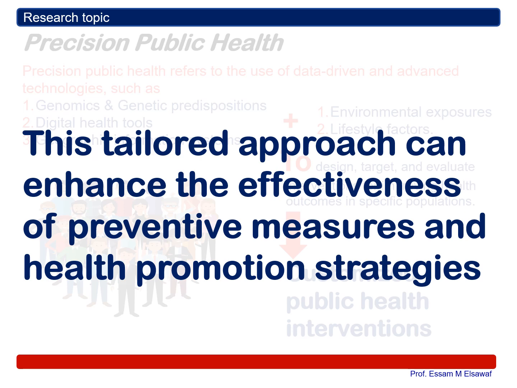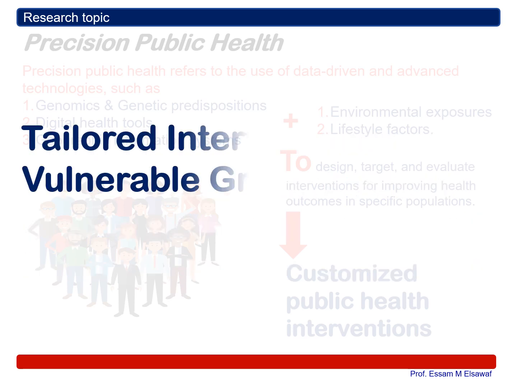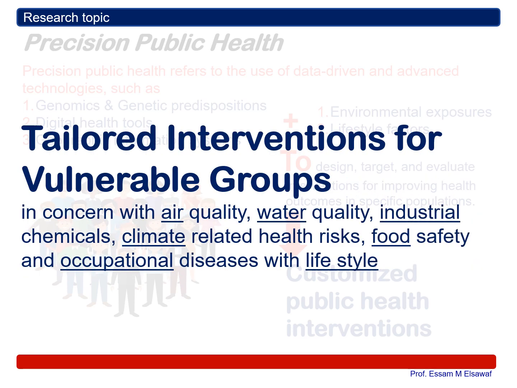Tailored interventions for vulnerable groups concern air quality, water quality, industrial chemicals, climate-related health risks, food safety, occupational diseases, and lifestyle. What does this mean? It means I recommend using the precision public health approach.